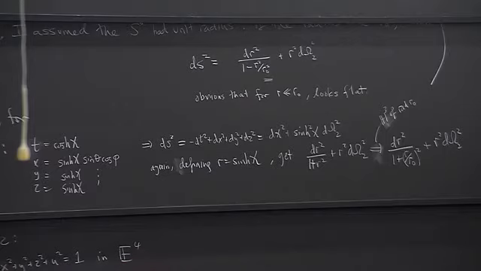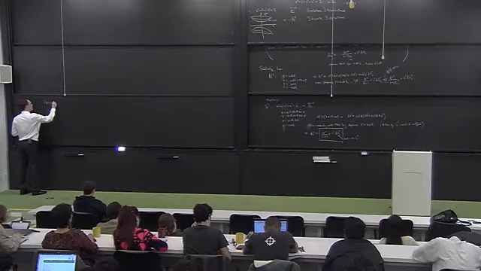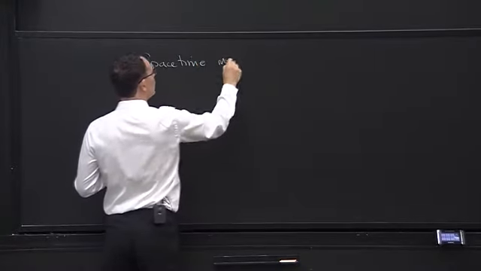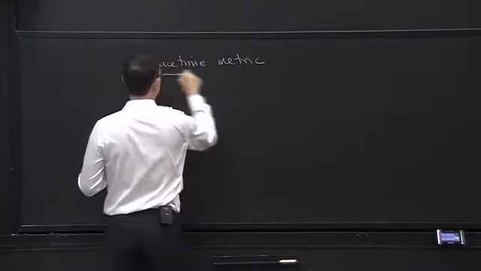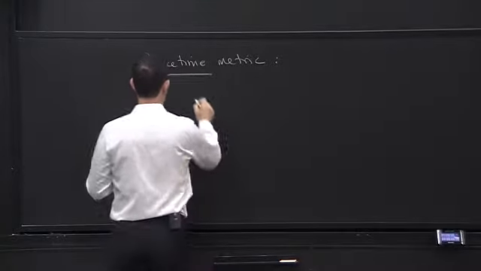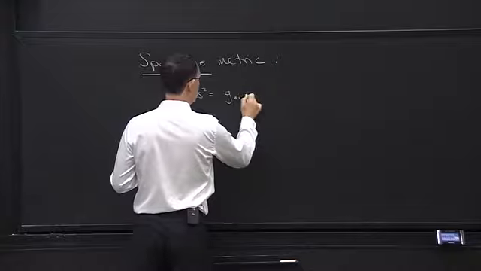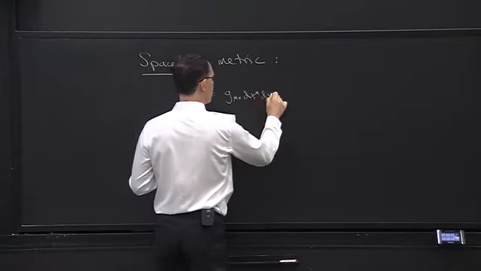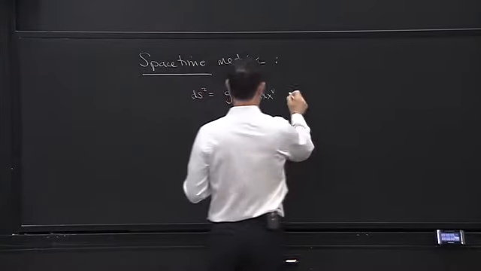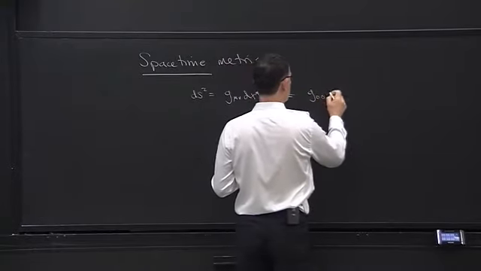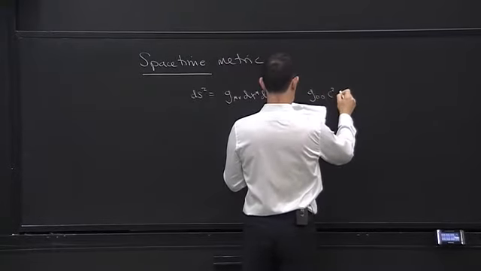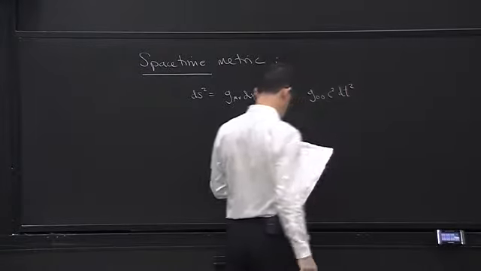Okay, so that's defined the spatial metric of the simplest, most symmetrical universes. Let's now discuss the space-time metric. This will be ds squared, which is g mu nu dx mu dx nu, and that's going to be g naught naught c squared dt squared.